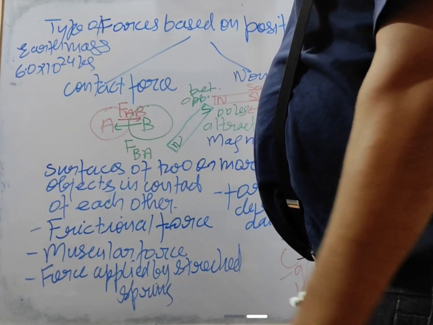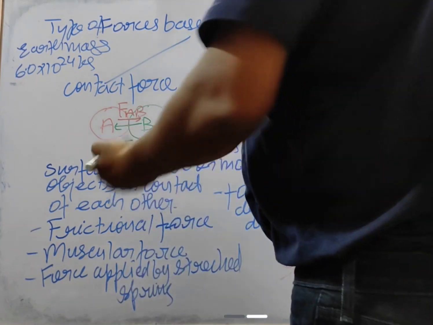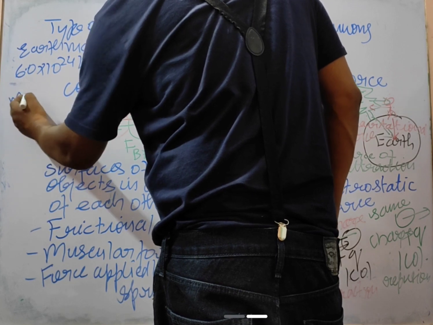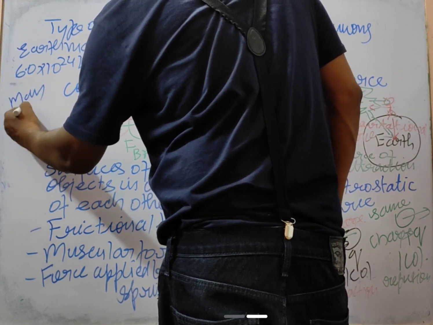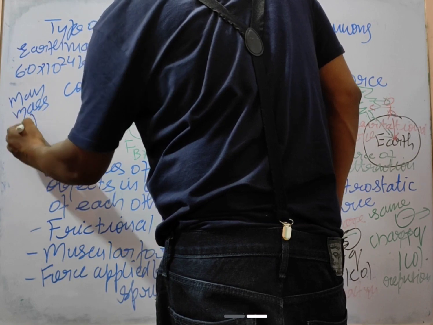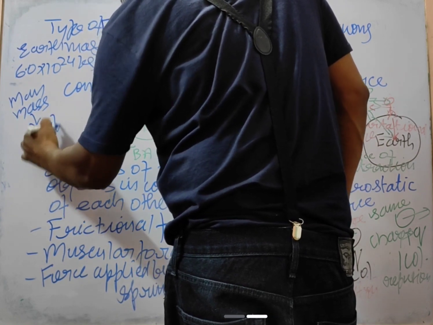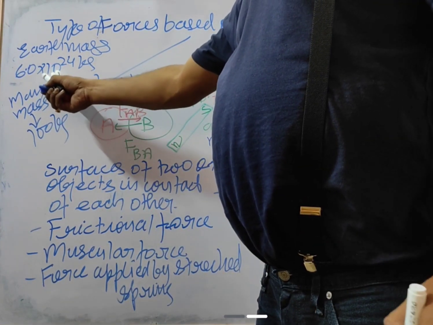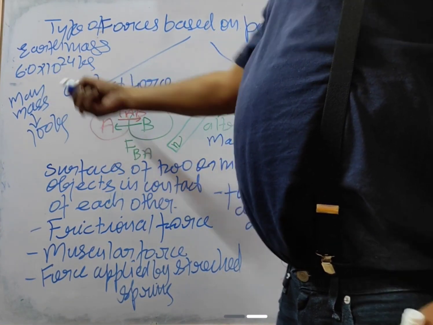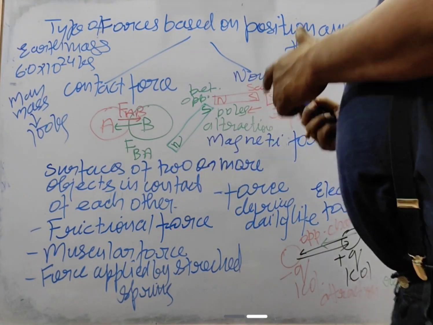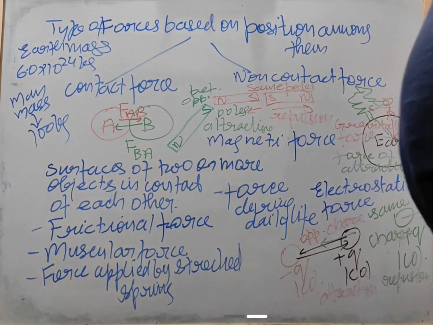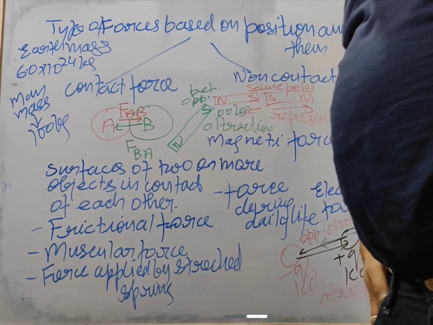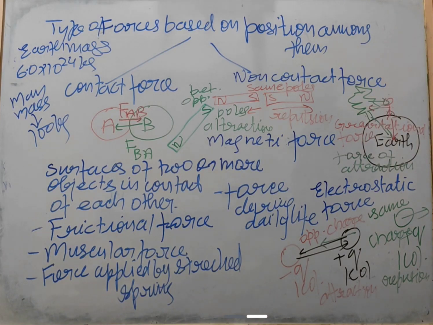Did you understand? And what is the mass of a man? Maybe 100 kg at maximum. So 100 kg is very negligible in comparison to Earth, so that attraction is not felt. And the force of attraction applied by Earth is known as gravitational force.